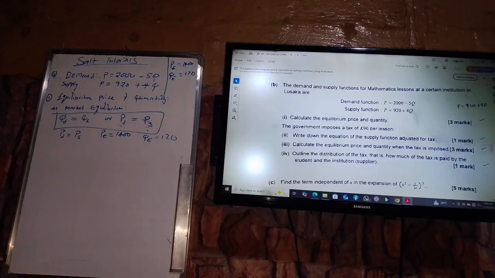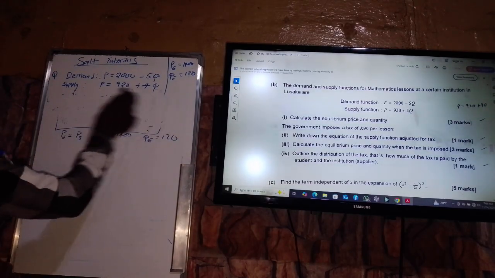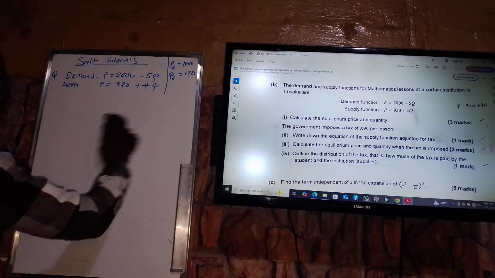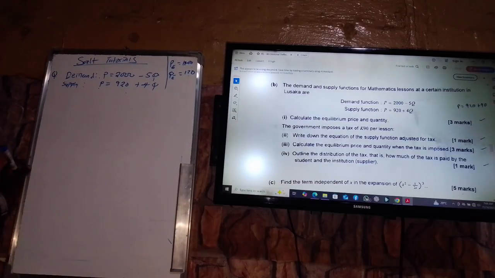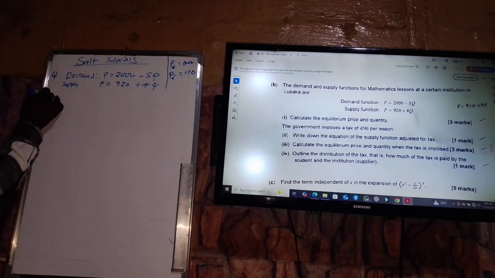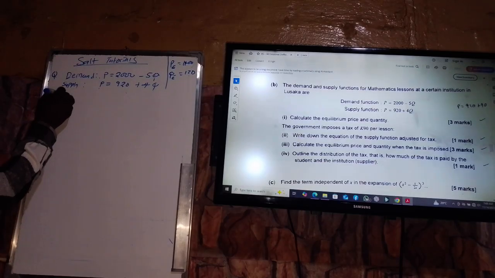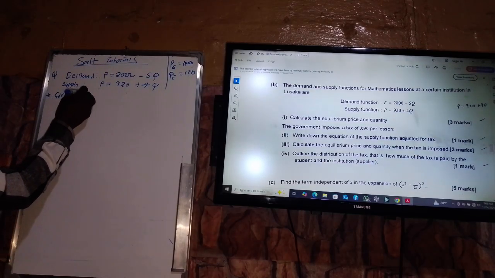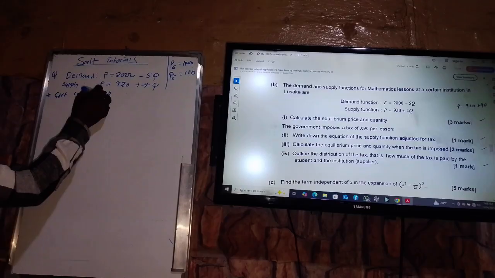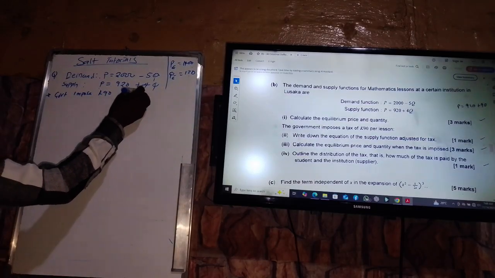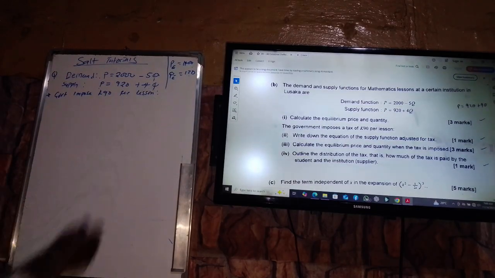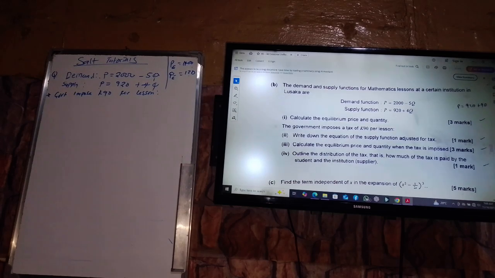I've kept my values so that I can go to the next question. It says, if the government imposes a tax of 90 kwacha per lesson, so we have a situation where the government imposes 90 kwacha per lesson. Write down the equation of the supply function adjusted to tax.